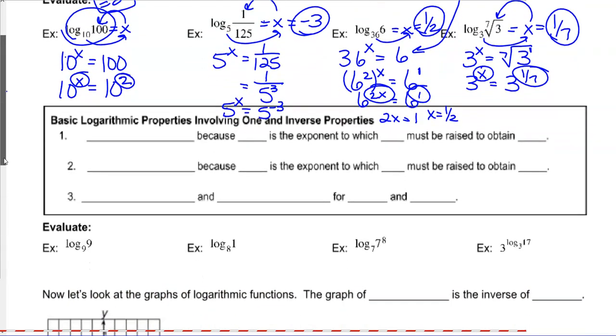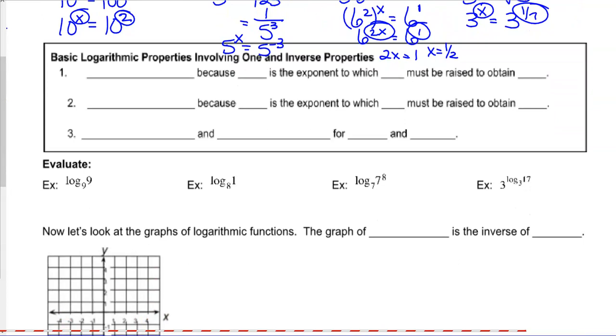Now, there are some properties for logarithms that will help us if we recognize them, but we can always go back to this exponential form and figure it out as well. First one being, if I have log base b of b, b to what power is equal to b? Well, b to what power equals b is what I just said.